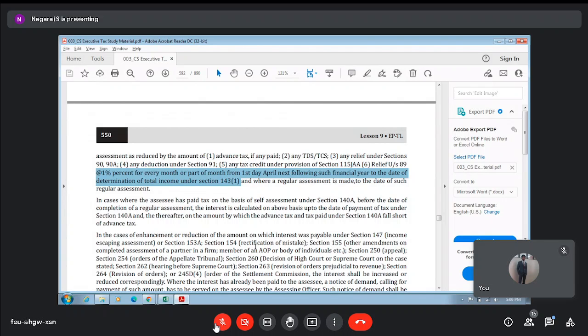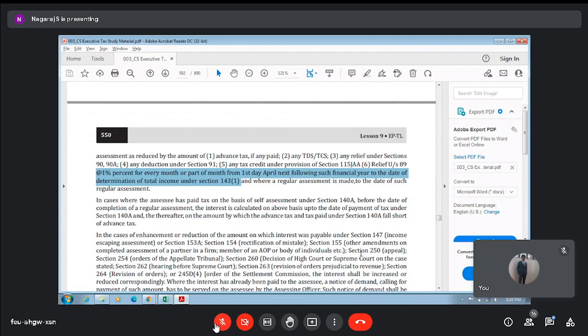In the second case, 234B, it starts from 1st April of the assessment year and ends when the tax has been assessed by the assessing officer. Till that date, the interest will run at 1% for the month or part of the month. Okay, these two are done.